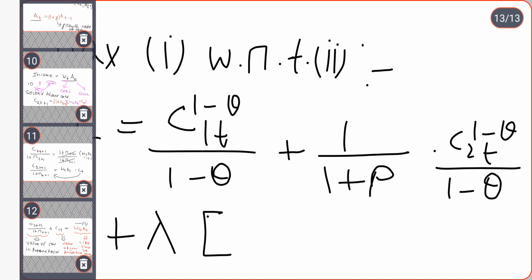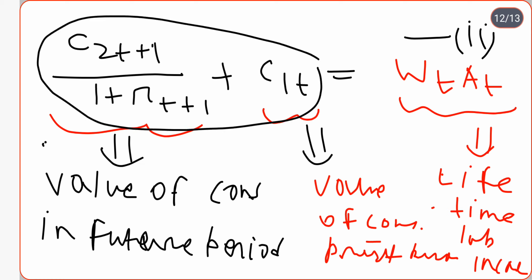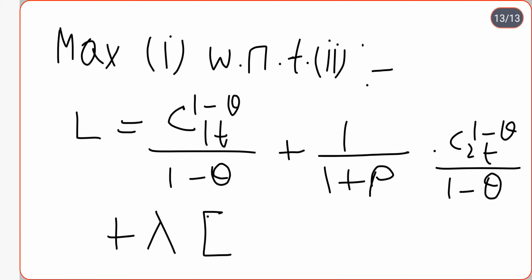What is our budget constraint? This is our budget constraint. We are going to take these two terms of the equation on the right hand side and take the budget constraint, and write it as WT AT, or you may write AT WT, both are the same things basically, minus within a bracket C1T, or if I don't want to keep the minus bracket, that is also okay.